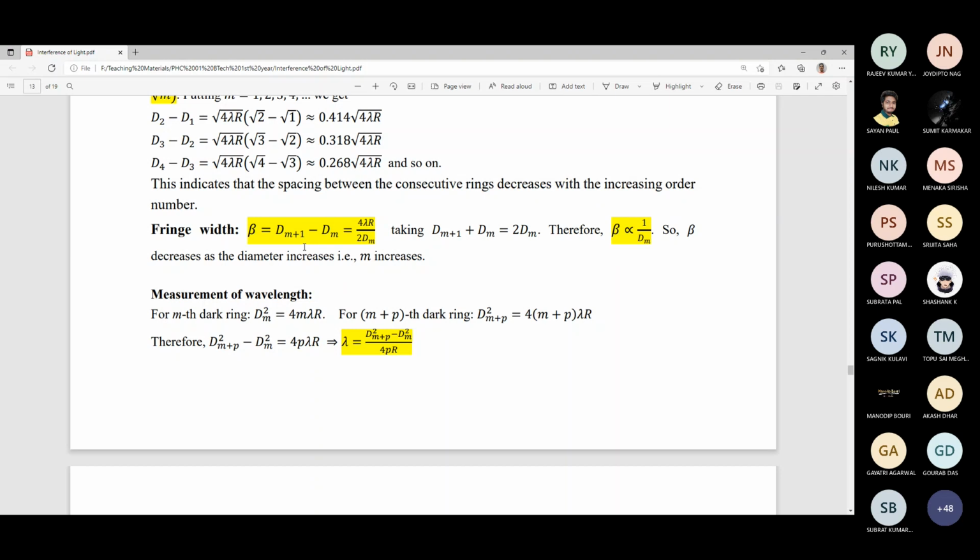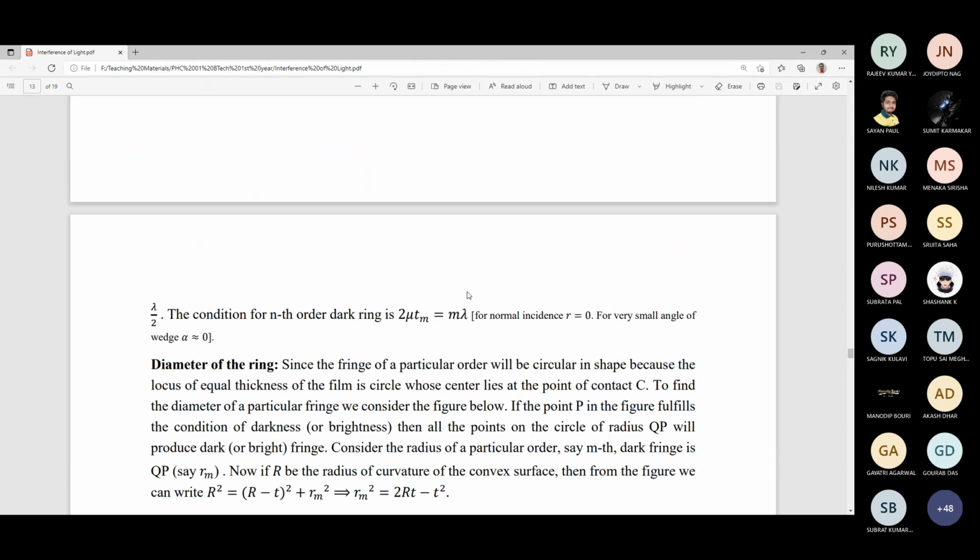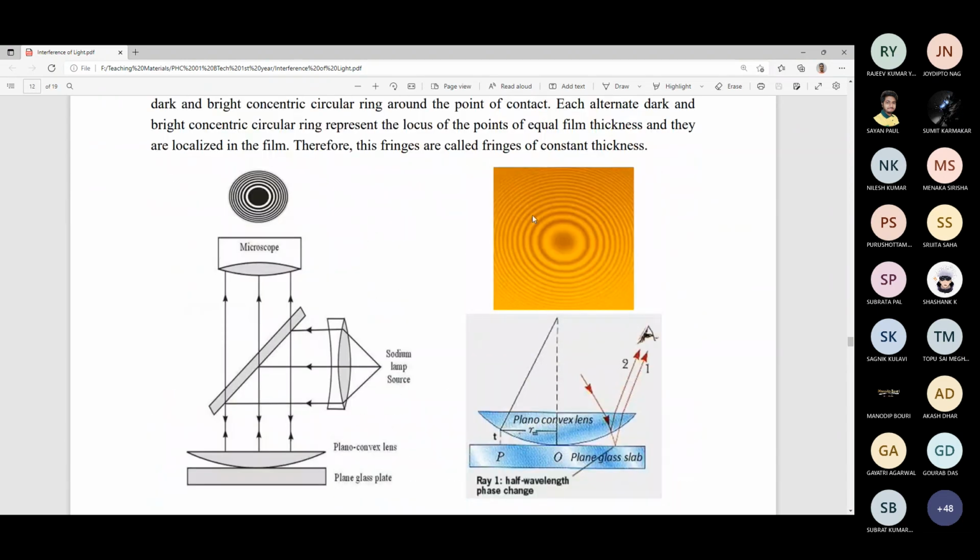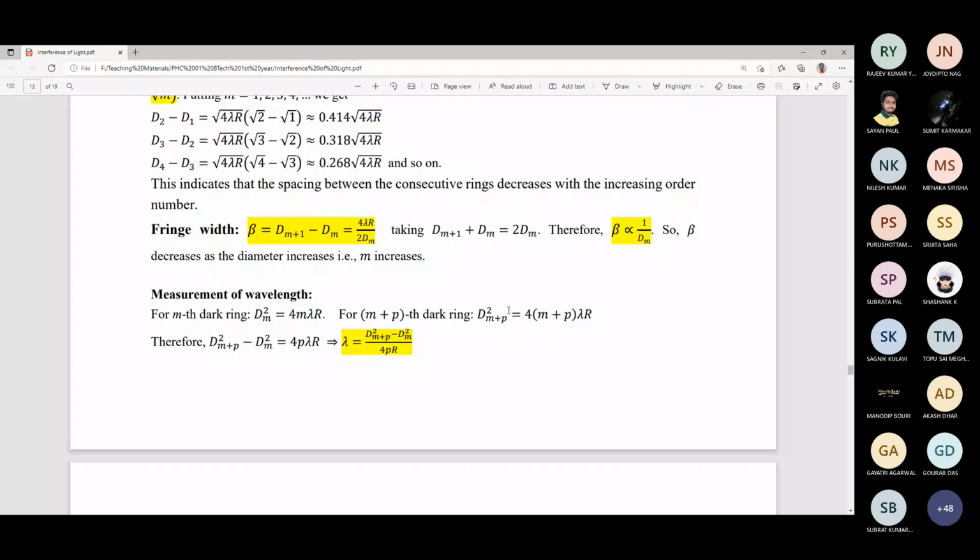That is the evidence that the fringe pattern becomes more and more closer if we move away from the central fringe, right?